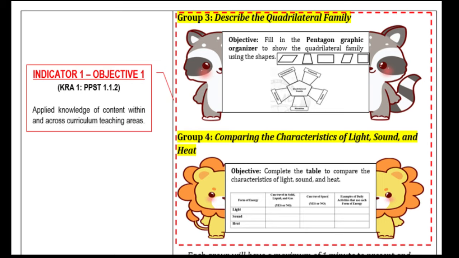And lastly, I used the lesson in Science 4 about the characteristics of light, sound, and heat. So the learners will complete the table to compare the 3 forms of energy.